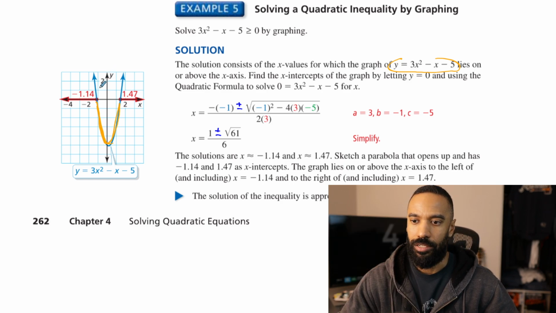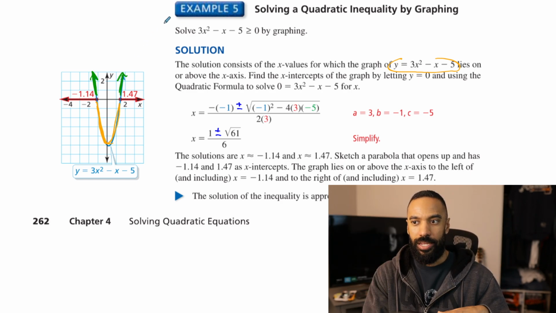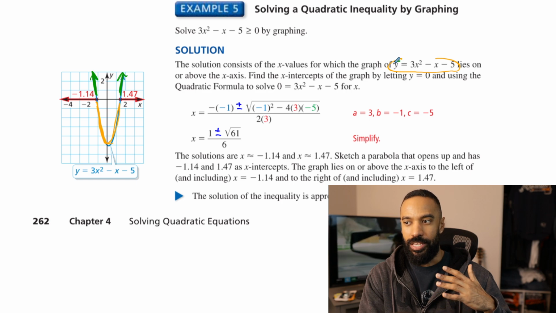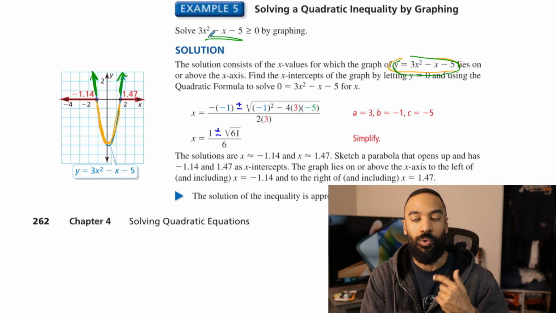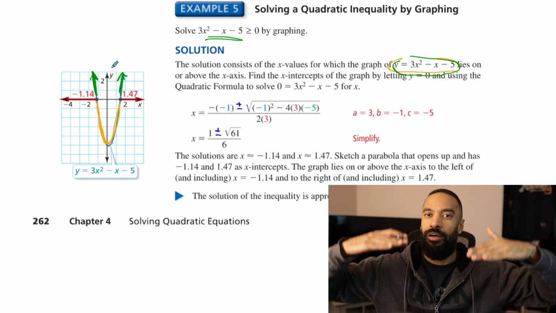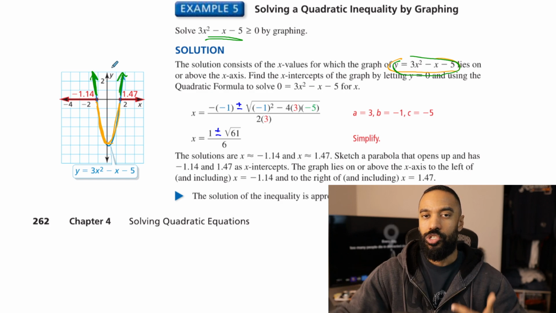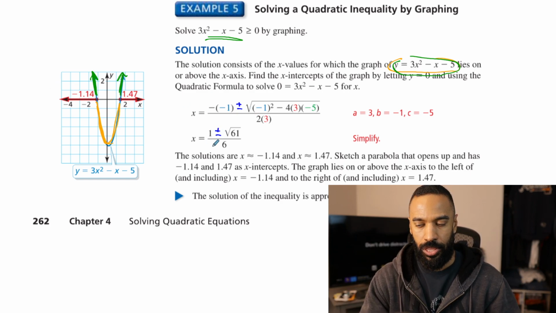These in green are y values that are greater than 0, right? They're above the x-axis. We're interested in, for y equals this expression, and this expression being greater than or equal to 0, the y values that are above the x-axis. So we have to figure out where they cross the x-axis. That's what this quadratic formula thing here is for.